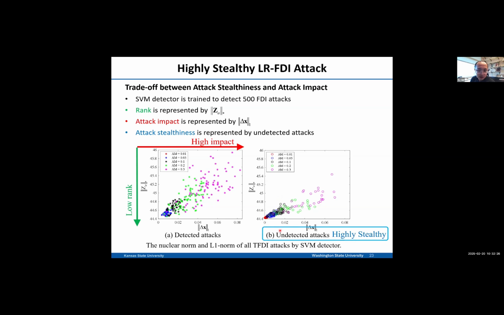FDI attacks with a small delta X value, meaning small voltage injections, are more likely to be stealthy, but since they have low voltage injection, they have low impact. Second, when the voltage bias is large, attacks are more likely to be detected. However, attacks with low rank are more likely to remain stealthy.